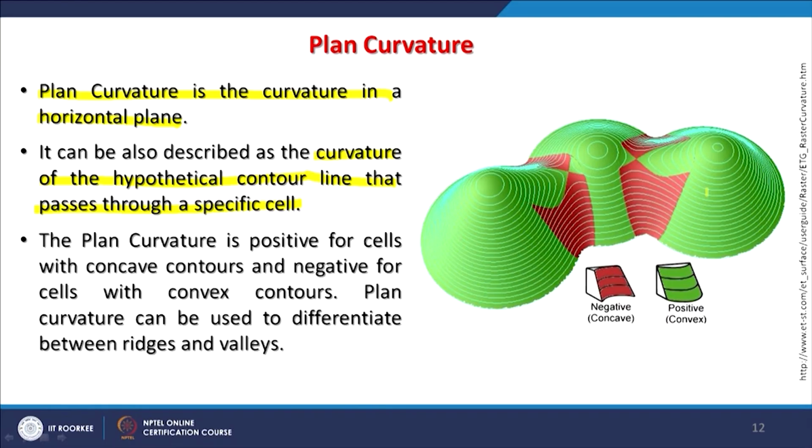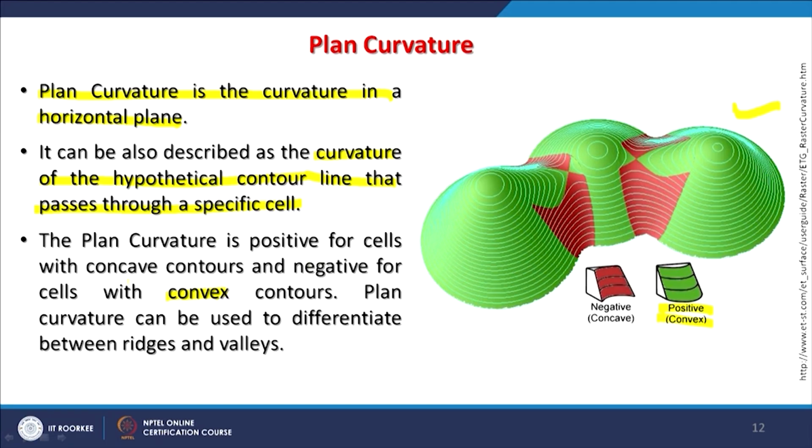Plan curvature is positive for cells with concave contours, like the green ones in this figure, and negative when the contour is convex.